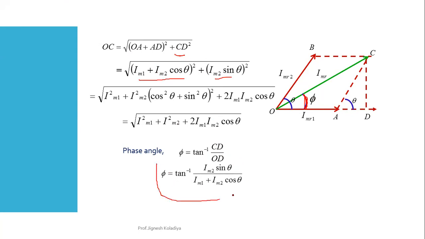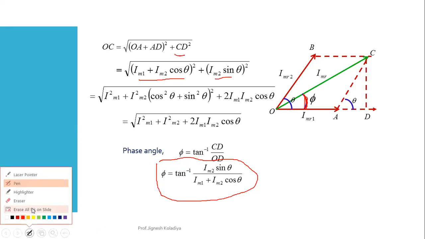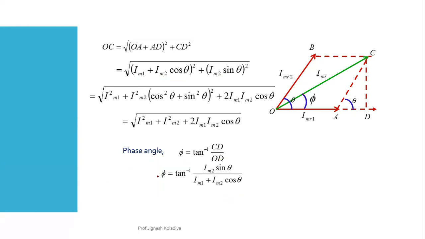So this is the phase angle. So I hope all of you are getting up to this. You have to remember these two equations for the phase angle and for the resultant.